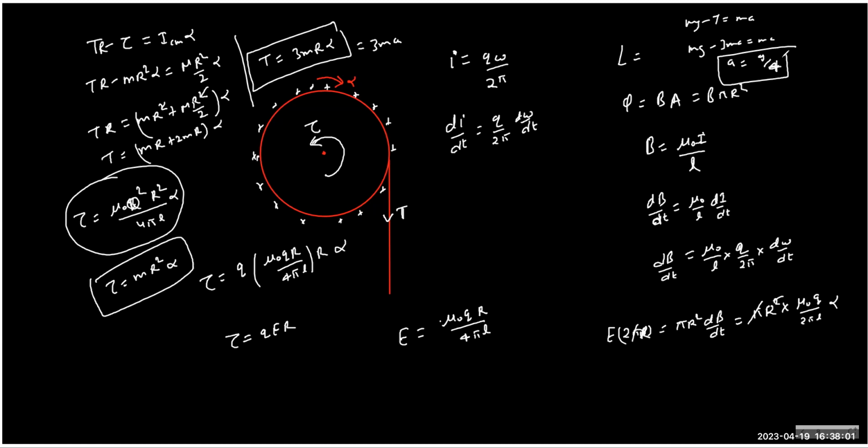If L is much bigger than R, then we can solve it. Only then can we think of it as a solenoid. So I did a lot of things.